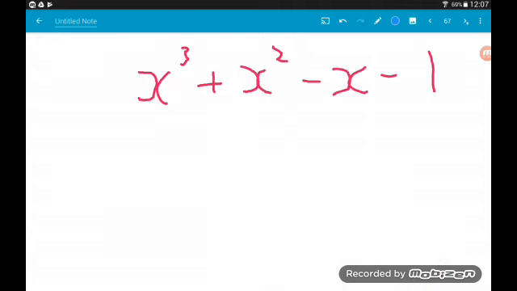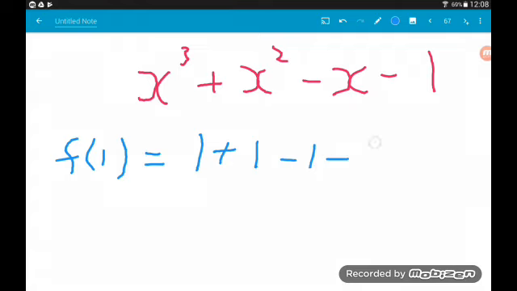Okay, so our first cubic that we want to factorise is x cubed plus x squared minus x minus 1. First of all, let's use the factor theorem to try and find a linear factor. As ever, let's try f of 1. f of 1 is 1 cubed, which is 1, plus 1 squared, which is 1, minus 1, minus 1.